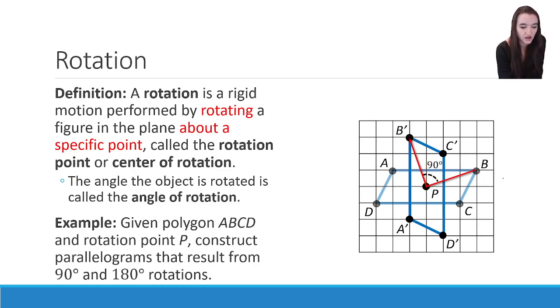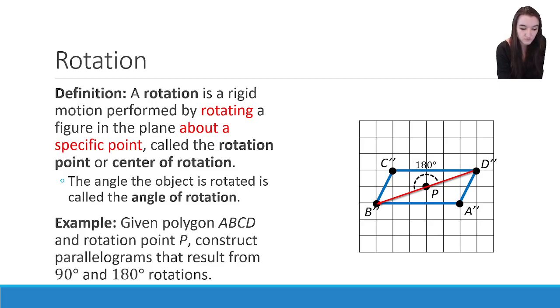We also have the option of thinking about 180 degrees as just taking the original point B and flipping it to the exact opposite. It was 3 to the right, 1 up. It'll now be 3 to the left, 1 down. Everything will be its exact opposite. 1 up, 2 to the left becomes 1 down, 2 to the right, and so on. So we end up with essentially the exact same shape.